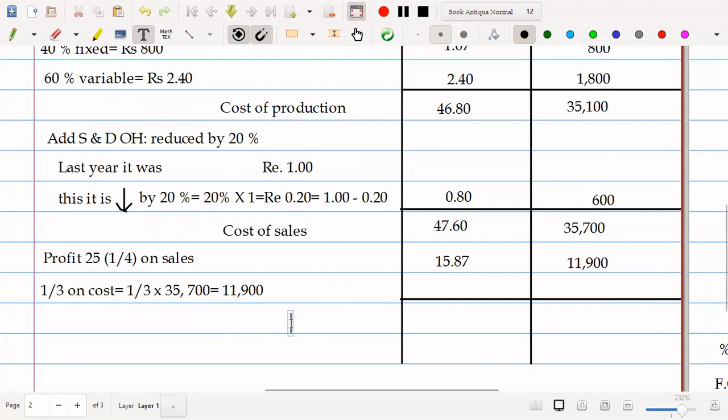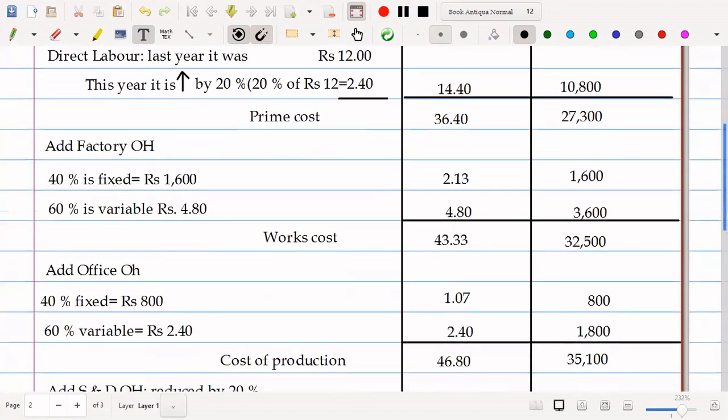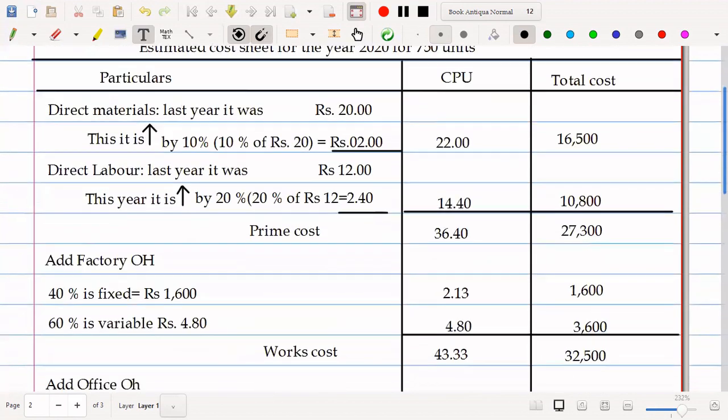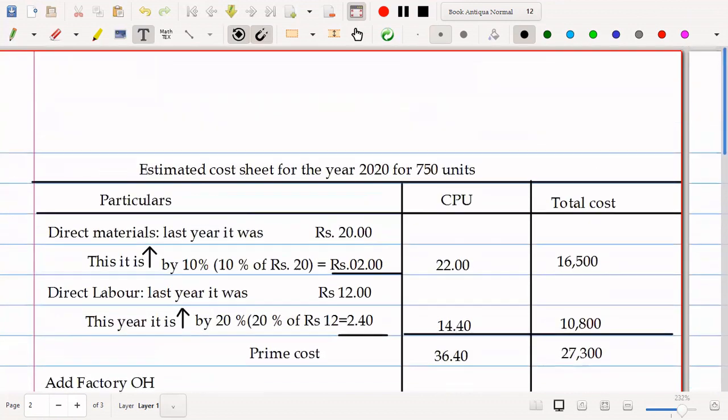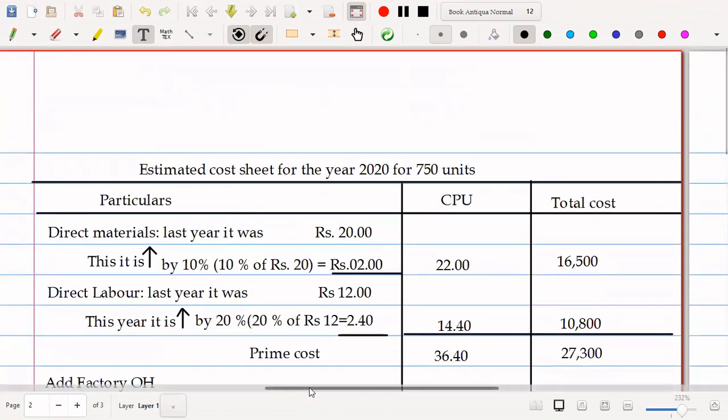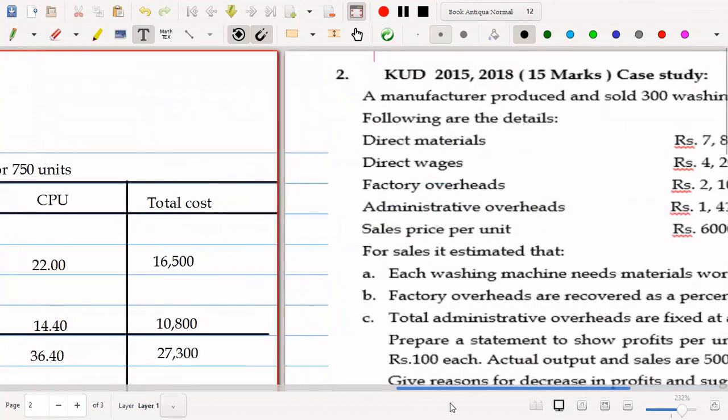Sales will be 63.47 for 1 unit, and for total 750 units it takes 47,600. So this is how you calculate an estimated cost sheet. Just be careful, read the instruction properly, and then make the changes. And let's see one more problem here.